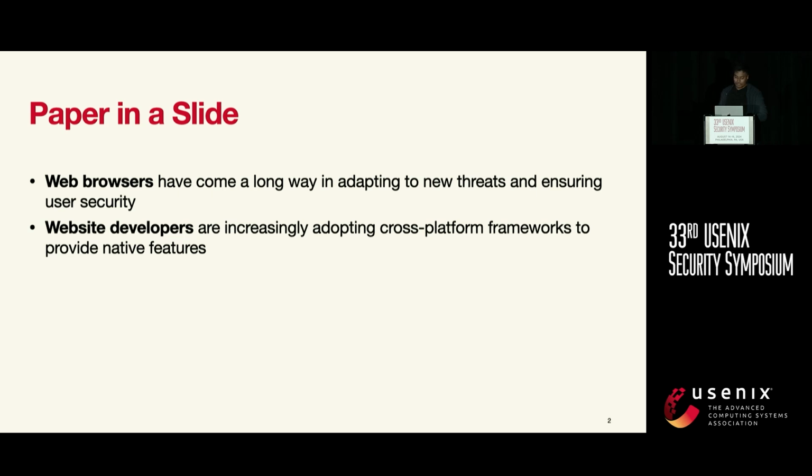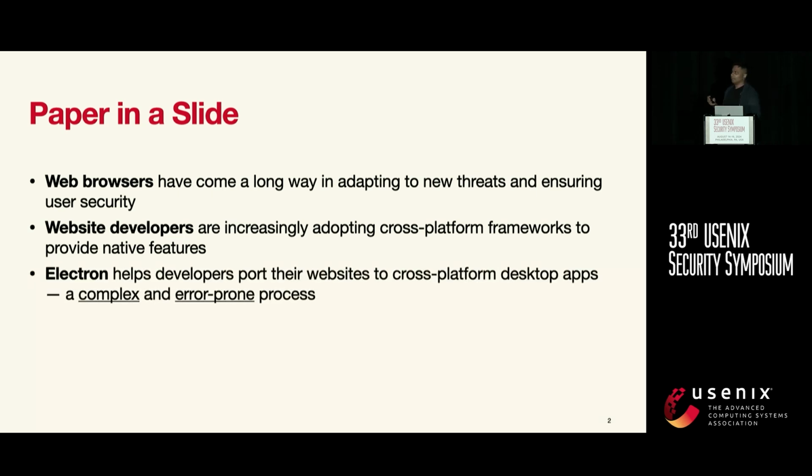But when they do this, they use frameworks like Electron that make it very easy for them to take code that they already had to run on their websites within web browsers and put them directly into these apps. But while it looks simple and fits in a simple, nice looking sentence, it's very complex and it's very error prone, as you'll see in the slides that I have after this.